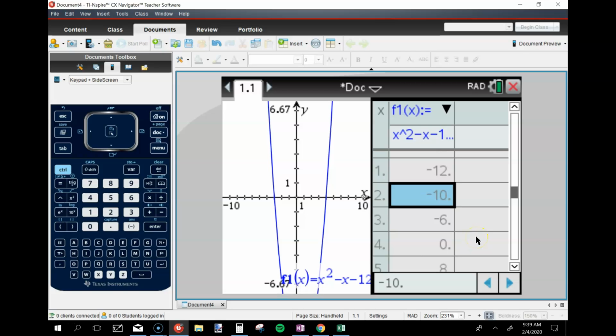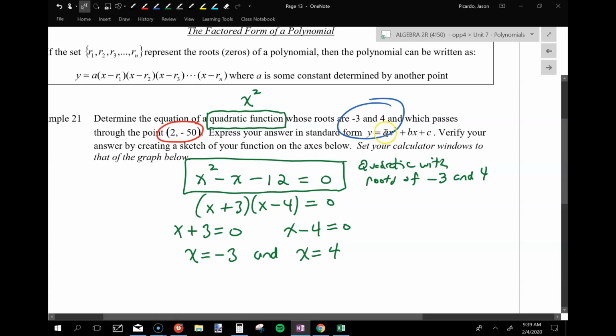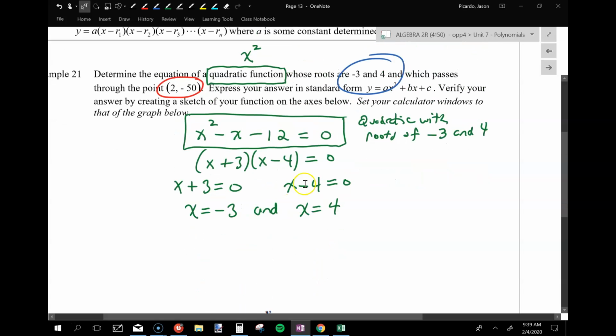I'm at -10, right? So the quadratic that we created, Trinity, that has these two roots, does not go through this point, does it? It goes through the point 2, -10.